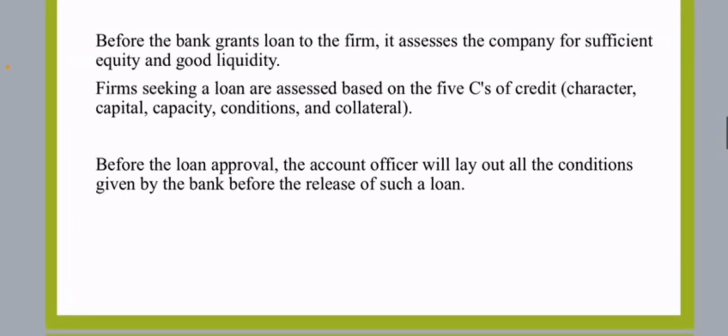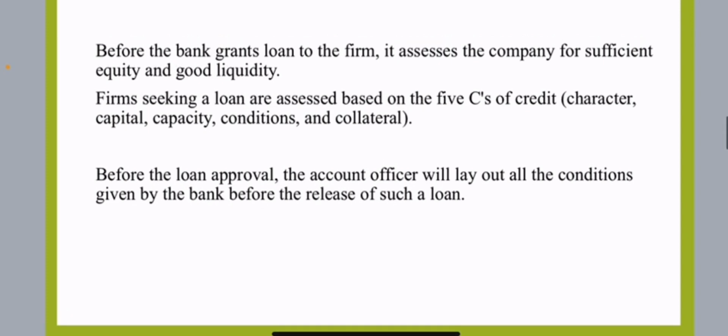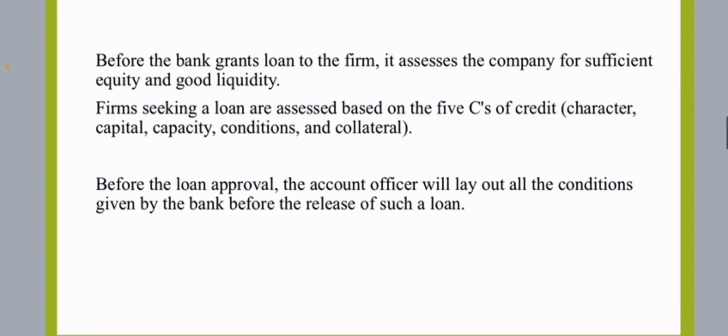Before the bank grants a loan to the firm, it assesses the company for sufficient equity and liquidity. Firms seeking a loan are assessed based on the 5 C's. The 5 C's are character, capital, capacity, conditions, and collateral.